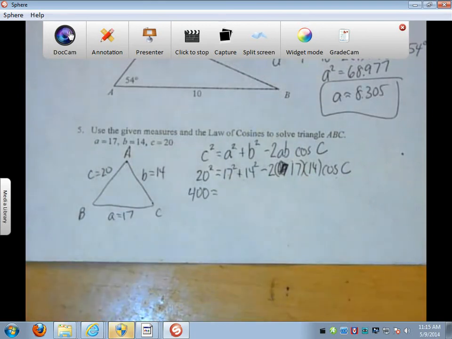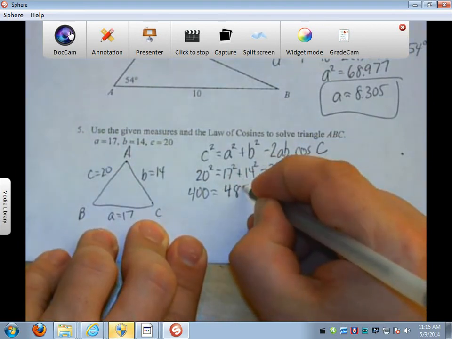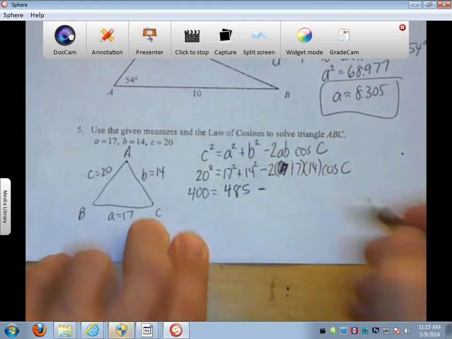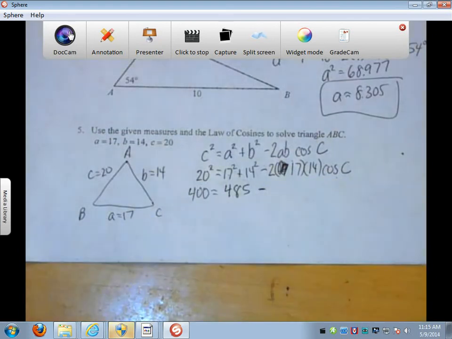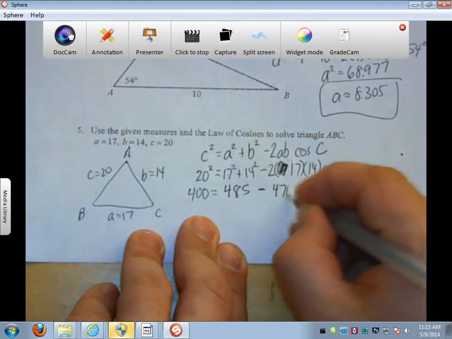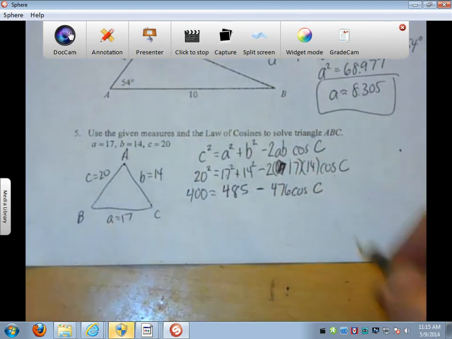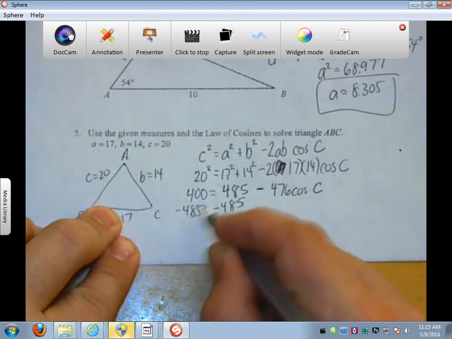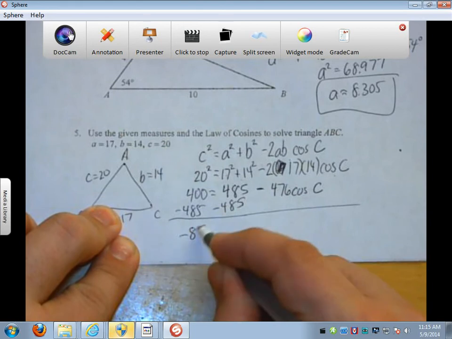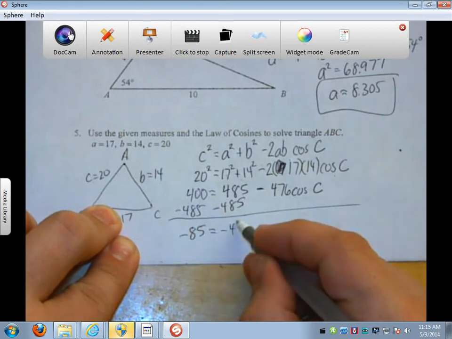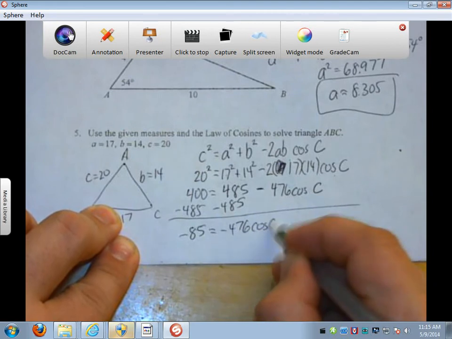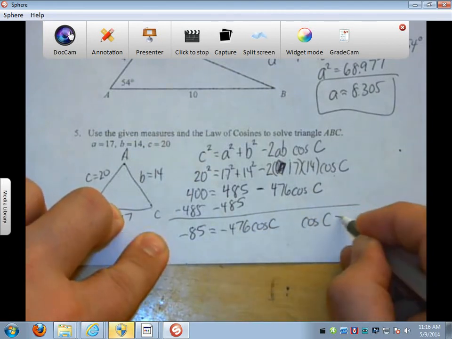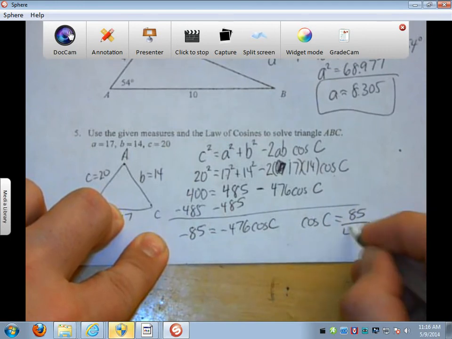We'll just go ahead and do 17 squared plus 14 squared, which gives us 485, minus 2 times 17 times 14, which is 476 cosine C. So we'll subtract 485 from both sides, and we get negative 85 equals negative 476 cosine C. So the cosine of C is equal to 85 over 476.